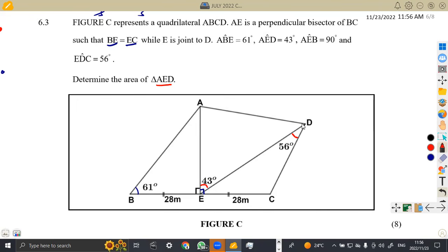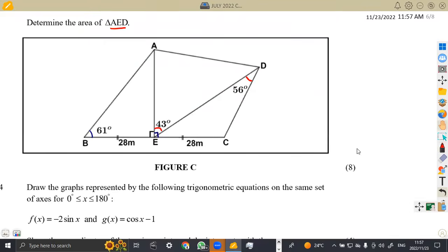This is what we have in actual sense, the triangle AED. So we are asked to determine the area of triangle AED. Which concept can we actually use to get this area? Let's check the number of marks, because what we have here is going to take a lot of marks.